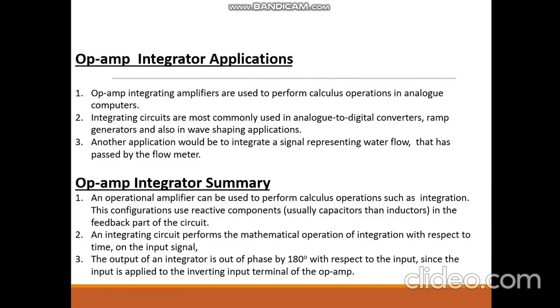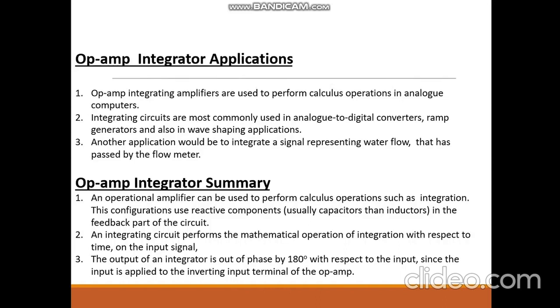Now we have to consider some important points while studying the integrator. An operational amplifier can be used to perform calculus operations such as integration, and this configuration uses reactive components, usually capacitors, which are present in the feedback part of the circuit.